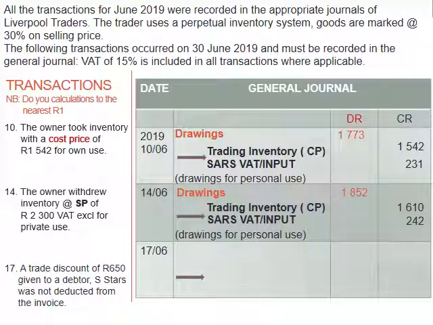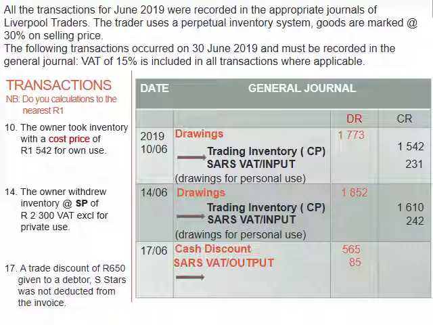Transaction 17. A trade discount of 650 rand given to a debtor as VAT was not deducted. The cash discount account will be debited with 565, which is the amount excluding VAT.